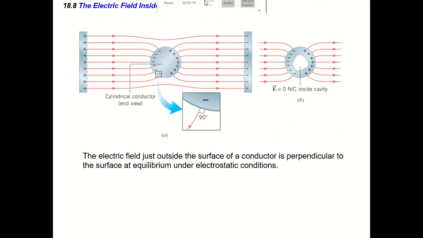So here's the example of shielding. The electric field just outside the surface of the conductor is perpendicular to the surface at equilibrium, under electrostatic conditions. So 90 degrees.